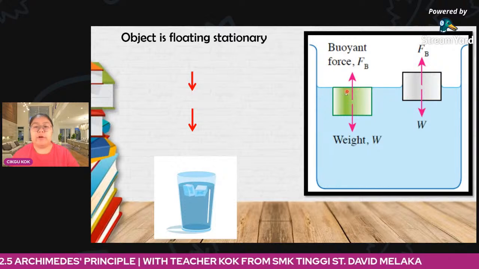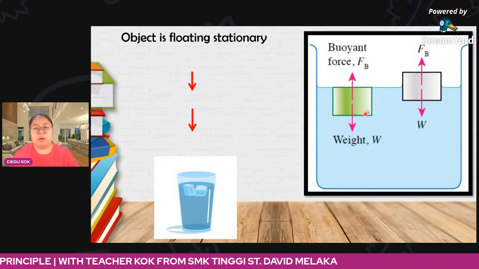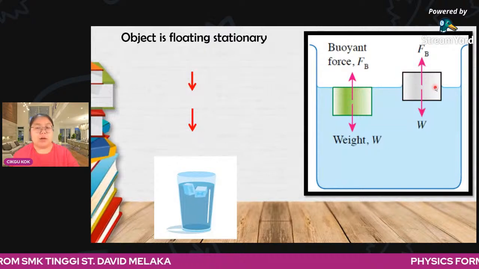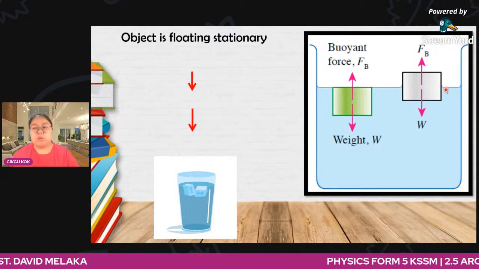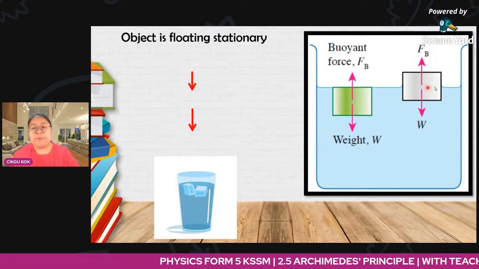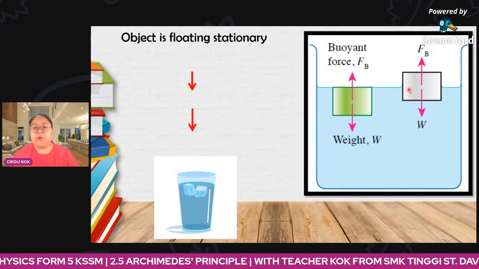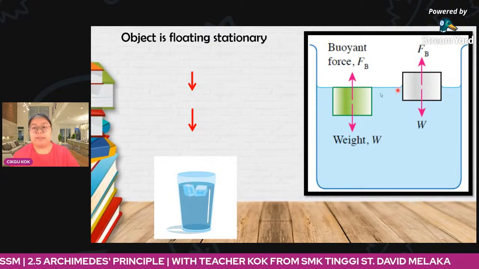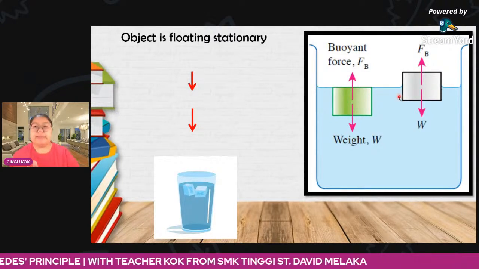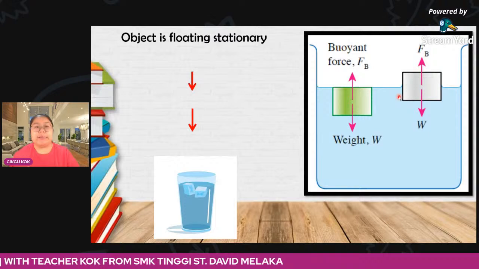For the first one we can say volume of object equals volume of liquid displaced. But for the second one we cannot say that, because only half is submerged; I can only say the volume of the object is more than the volume of liquid displaced. So both are floating, just the volume submerged in the water is different.